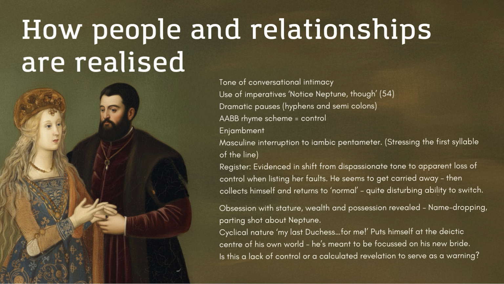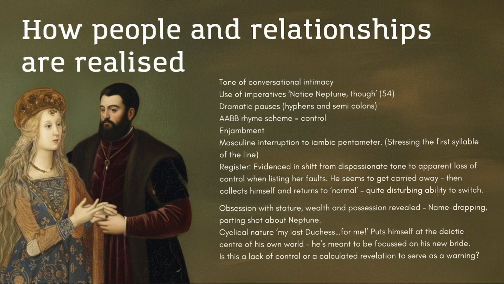But we have enjambment. And we also have the masculine interruption to the iambic pentameter. This is when we're stressing the first syllable of the line, for example, when he says, "And I choose never to stoop." So we've got some disruptions here that maybe hint at some instability, some lack of control. The register changes.